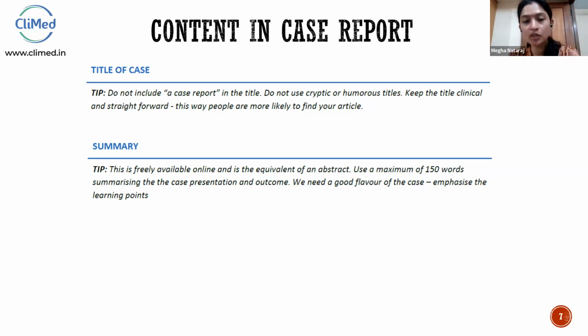And if this particular summary is in some other format, then you may see certain smaller aspects like a background, an objective, a methodology, discussion, conclusion. But usually for a case report, we don't really write it in that manner. It's just one short paragraph, maximum 150 words, maximum 200 words. And this is usually a very unstructured form of an abstract.